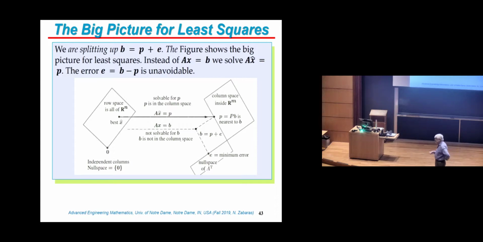So how do we approach solving AX equal to B when B is not in the column space of A, which means there is no solution to AX equal to B? So what was the big idea?